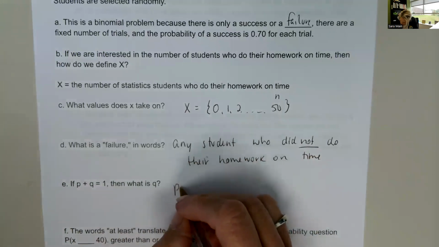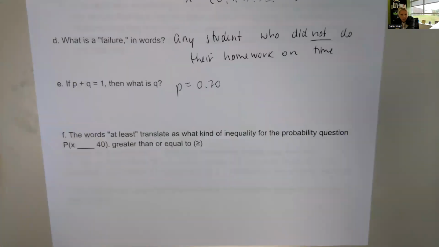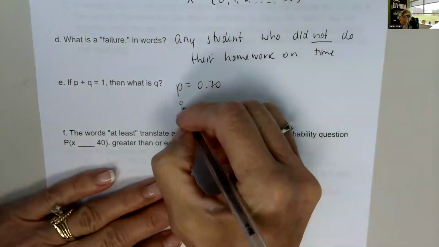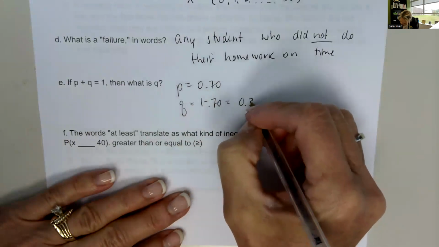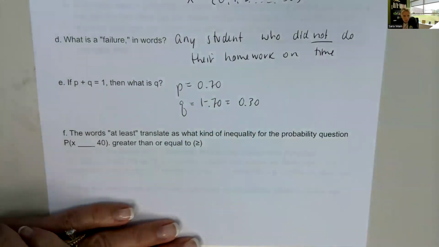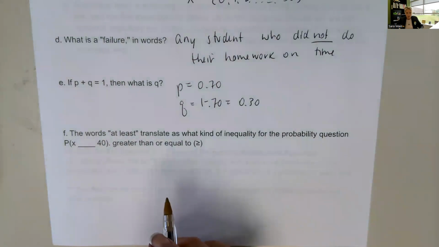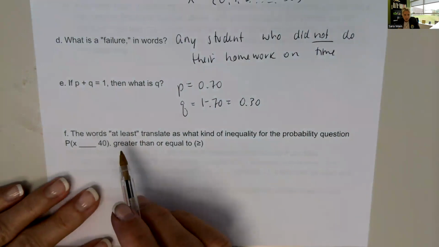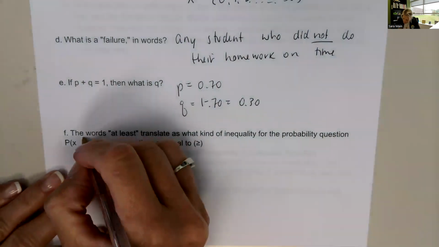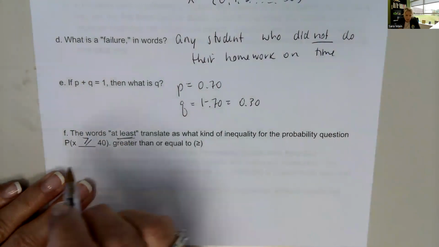So they told us the probability for success is 0.70. That means that the probability for failure, Q, is 1 minus 0.70 or 0.30. F says the words at least translate as what kind of inequality for the probability equation? The probability of X at least is greater than or equal to, because we have at least.